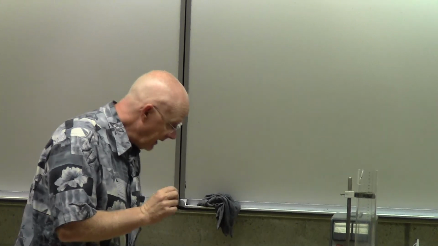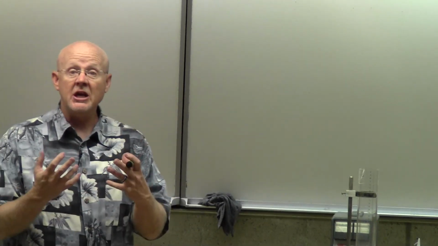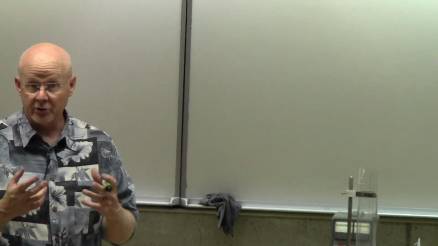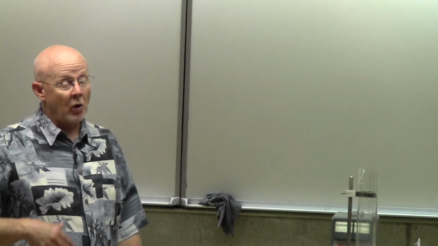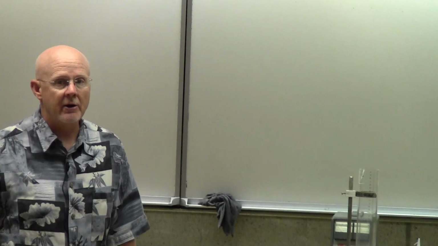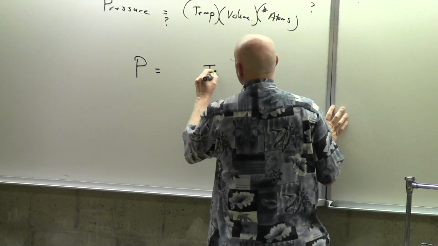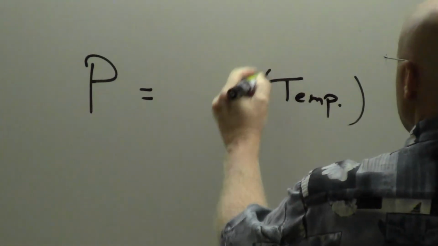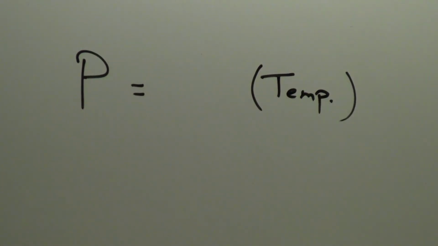One of the first things that I see here is the speed of those molecules, those BBs. How fast are they going? And so the more speed or the more temperature, the greater the pressure. And so sure enough, I would say one of the factors is its temperature.